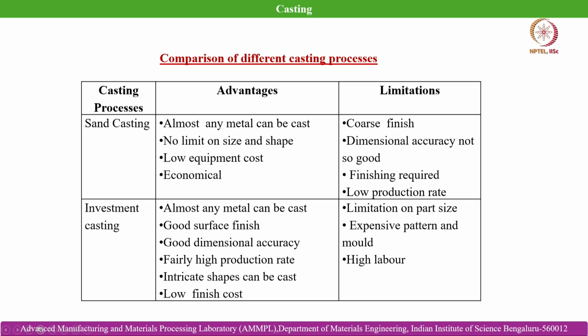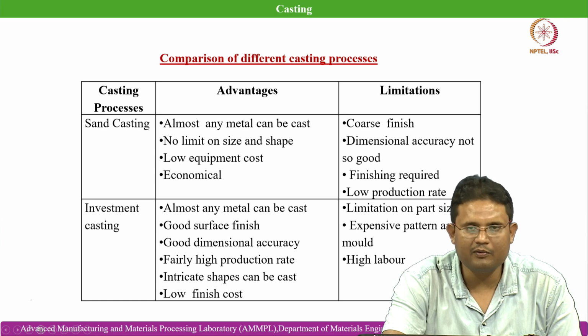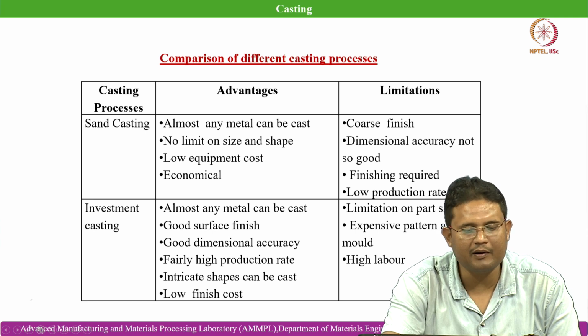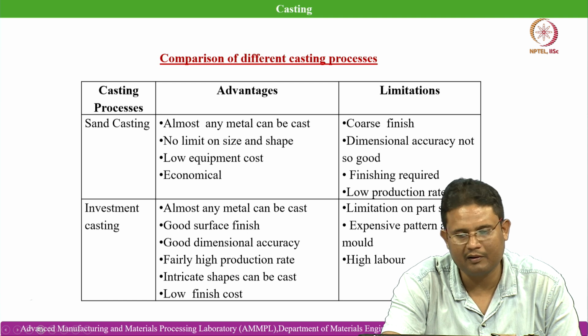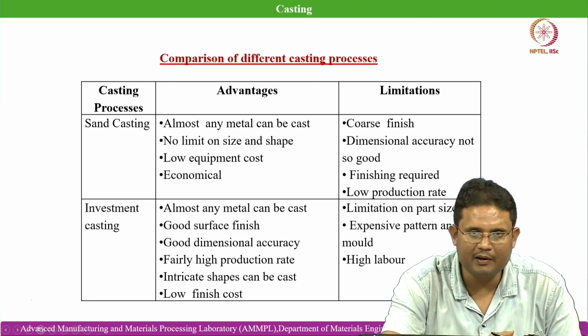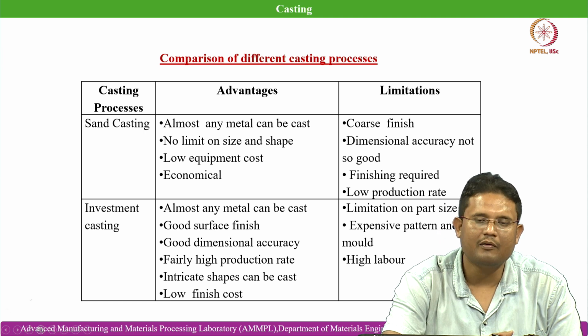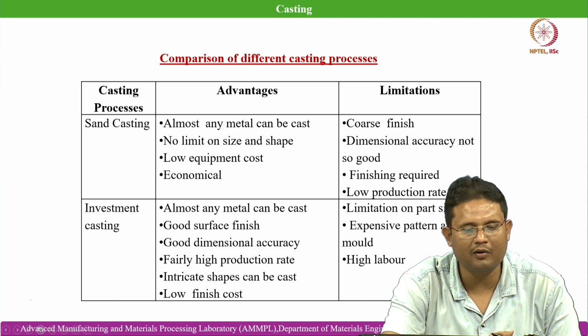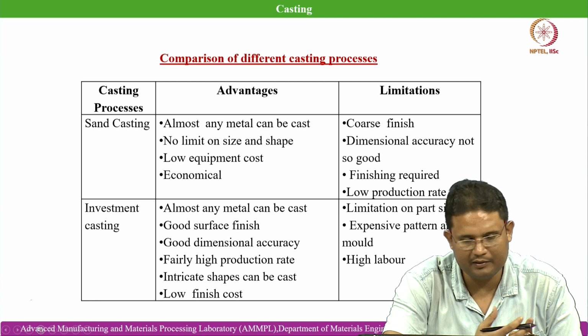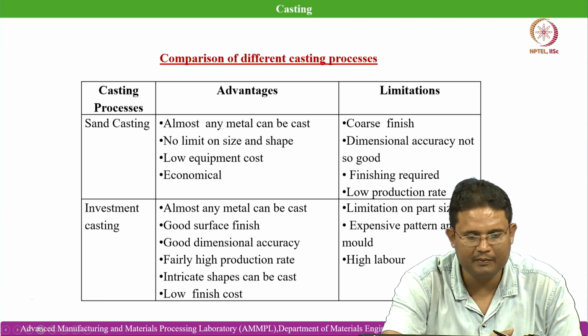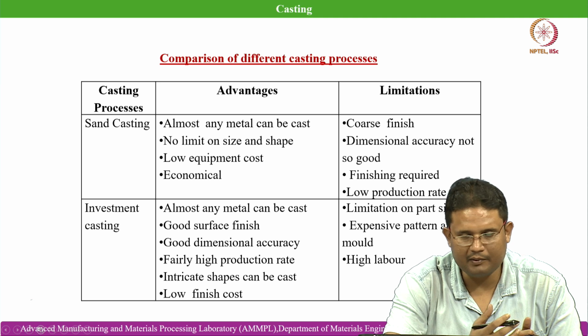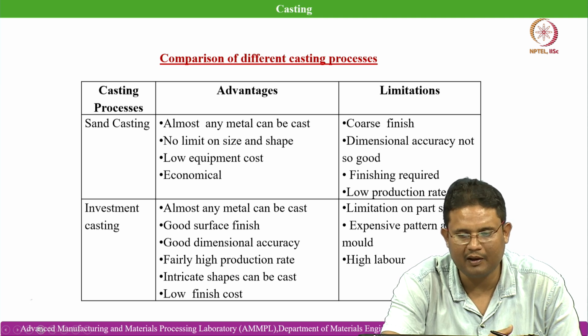Sand casting is one of the most basic casting processes that has been utilized for several decades now, and it is very useful to develop large size objects, ingots for secondary processing, and also components for several industries like railway, power plants and mining, and several such examples are available.